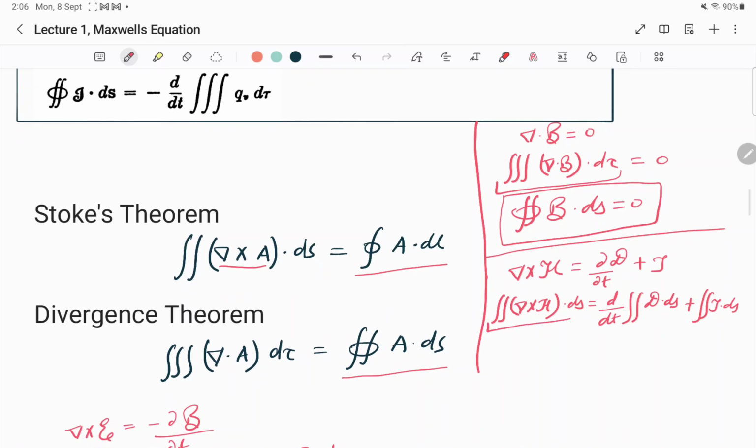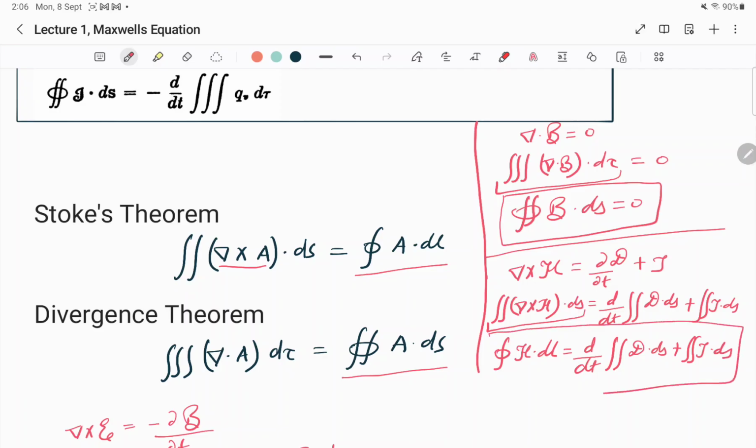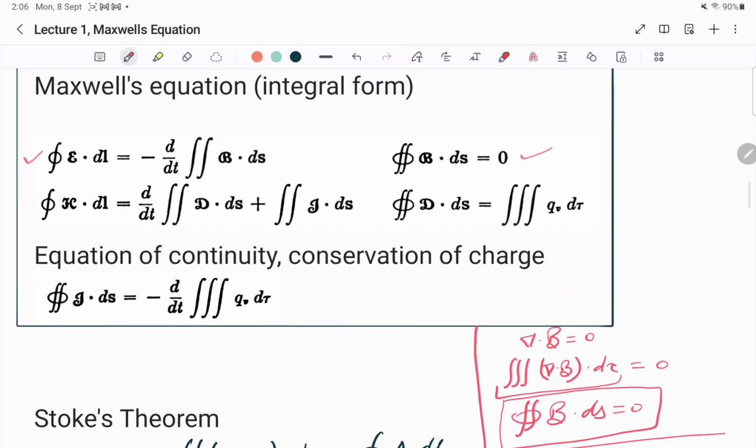So if you apply Stokes theorem on the left hand side, it can be replaced with line integration of H dot dl is equal to d by dt surface integration of D dot ds plus surface integration of J dot ds. This is written here.